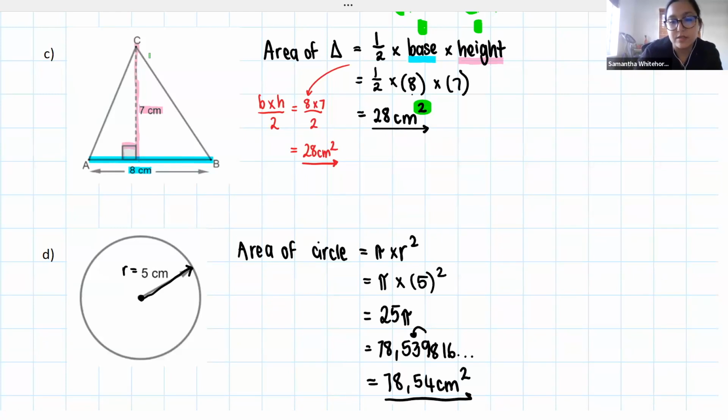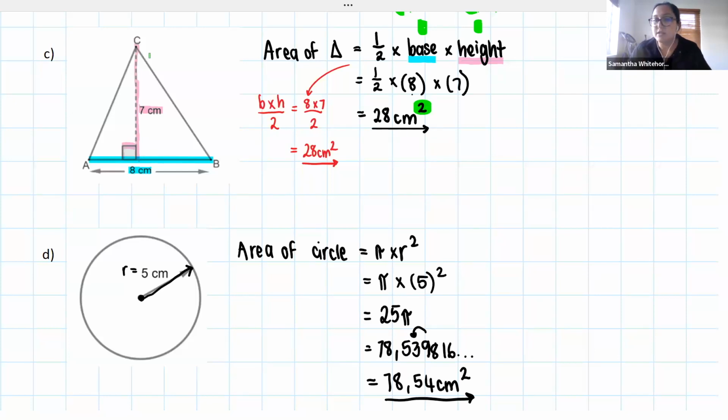So centimeters squared. Again, grade 8, the pi button on your calculator is shift and then the times 10 to the power x button. Your calculator will generally give your answer in pi. You just push the SD button and it will convert it for you. We always round off to 2 decimal places unless the question tells us to do something specific.